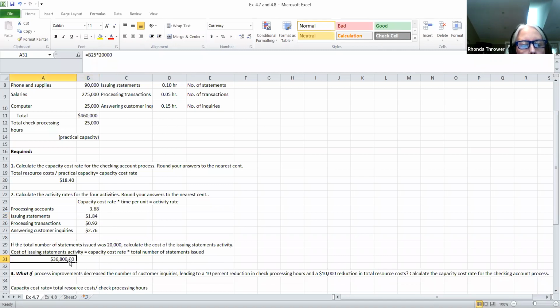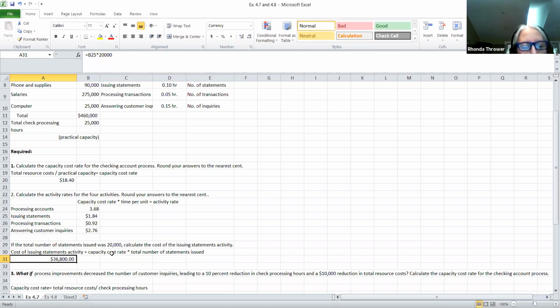And that activity rate would be multiplied by the number of statements that are issued. So B25, which is your activity rate, is going to be multiplied by the number of statements that are issued. And that will give you the total amount that would be applied to the issuing statements activity.